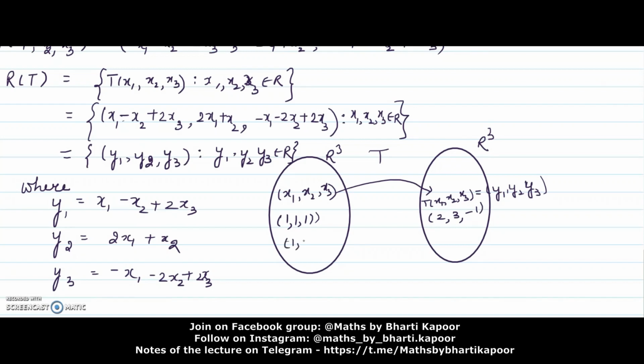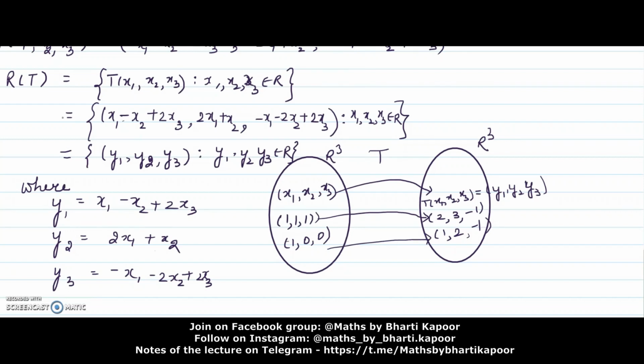Similarly, if I want to find the image of 1, 0, 0, it will be 1, 2 and minus 1. So the image of 1, 1, 1 under T is 2, 3, minus 1 and the image of 1, 0, 0 under T is 1, 2, minus 1.